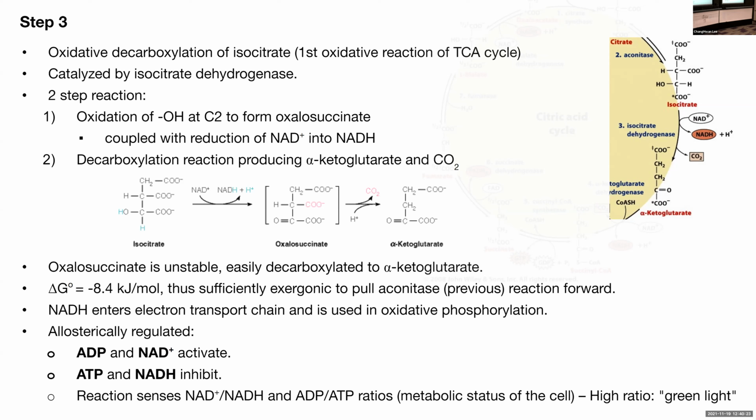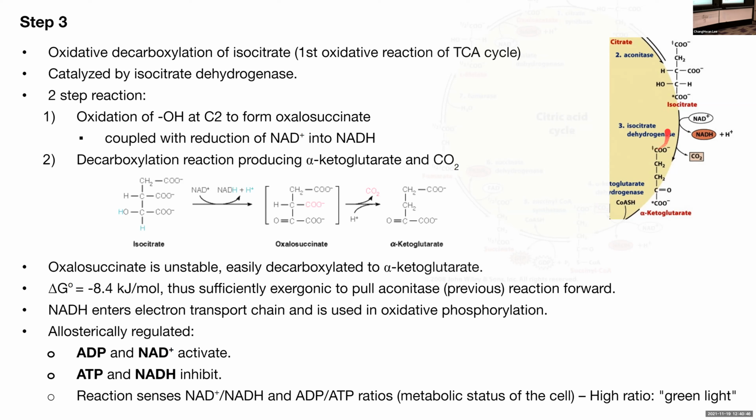And these reduced electron carriers are used for generating ATP later on. So whenever you see NADH formed or oxidation happening, that is related to new ATP molecules in the end. This process is catalyzed by isocitrate dehydrogenase.